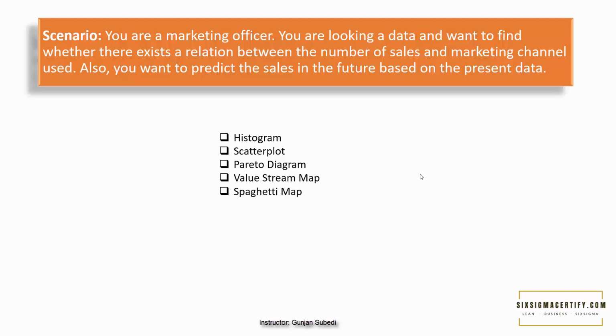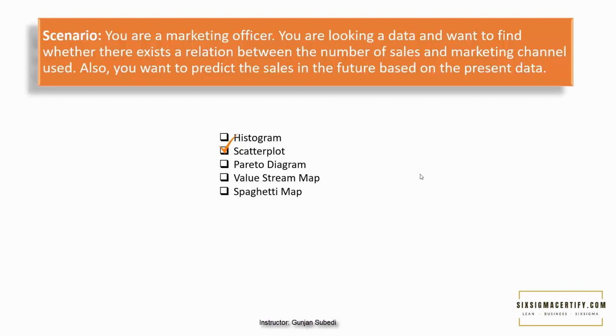Here, the correct answer to this question is scatter plot. We cannot select histogram because we cannot predict future sales based on the histogram alone. We cannot use the Pareto diagram here. As with histogram, we cannot predict the sales in the future based on the present data with the Pareto diagram. Pareto analysis or Pareto diagram is basically used to find out the 20% of causes, or major causes, that are responsible for the major effect, or 80% of the effect.